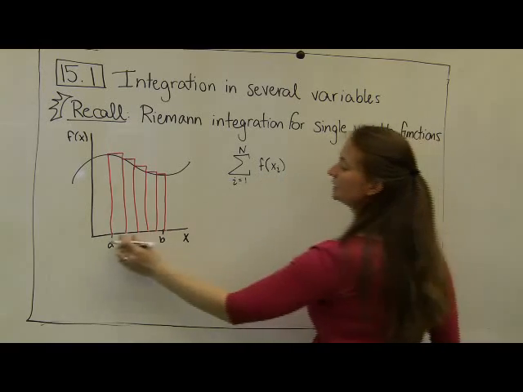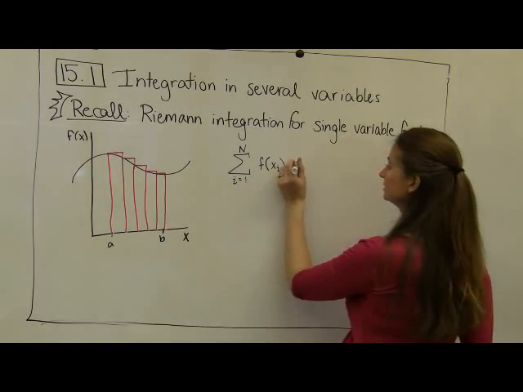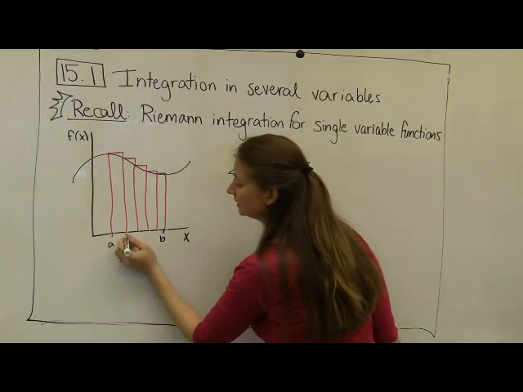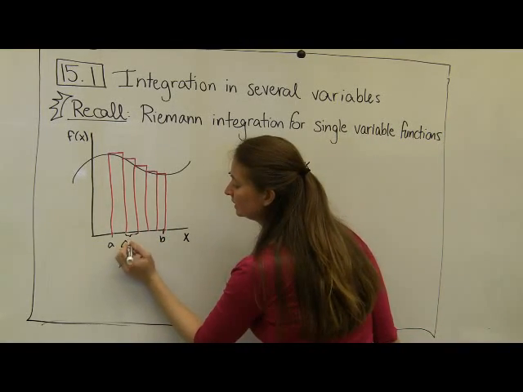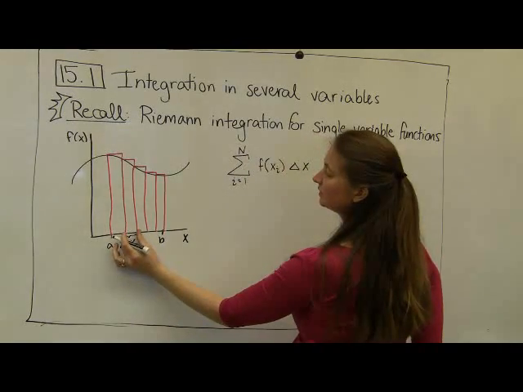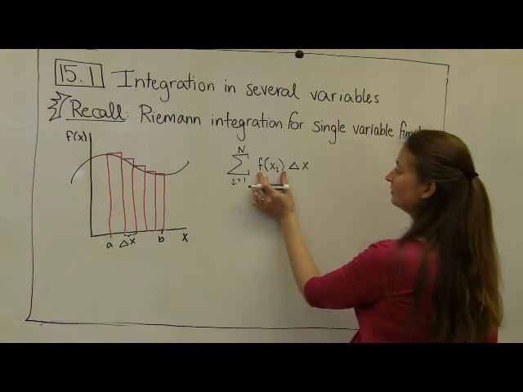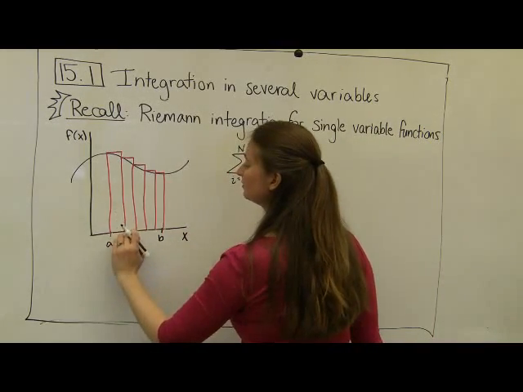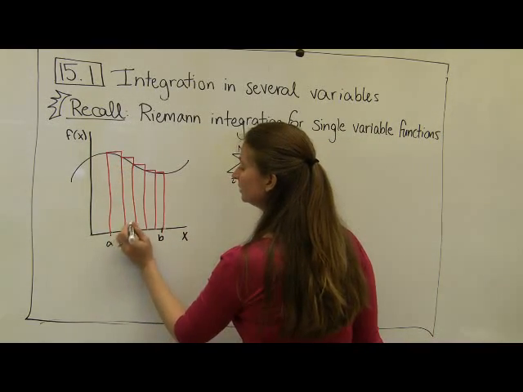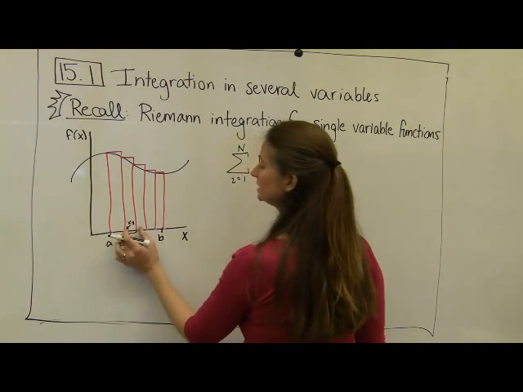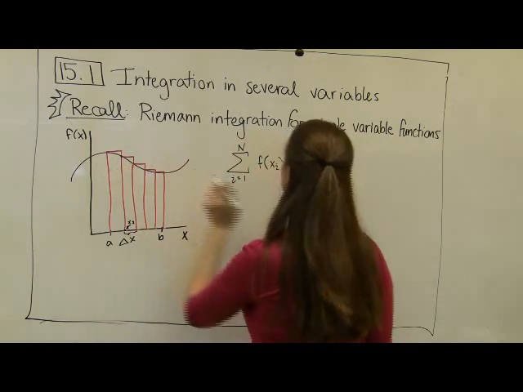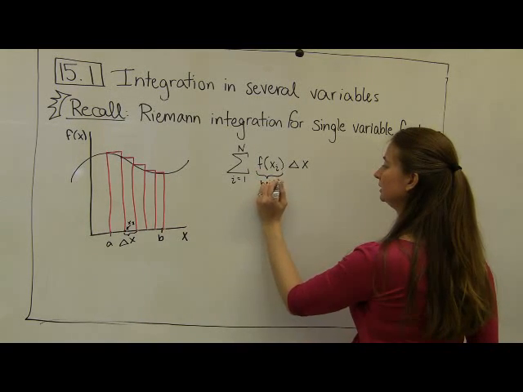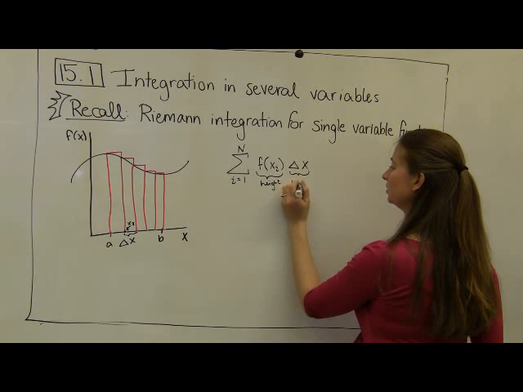And I'm summing them times the width of each of the rectangles. The width of each of the rectangles is typically written delta x, and f of x sub i is telling me what is my output at this functional value, where this one probably is x sub 2, because it's the second rectangle. And it's the height of the rectangle, times the width.